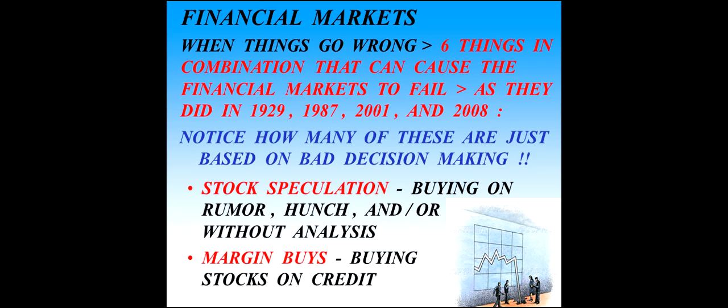Secondly, and usually closely associated with stock speculation, is the action of margin buys, which is buying stock with credit. So imagine this: we have an investor that's going to go off based upon a rumor and buy stock that the rumor might not be true, and they may wind up getting hurt, but they do it on credit, meaning they borrow the money to buy the stock.